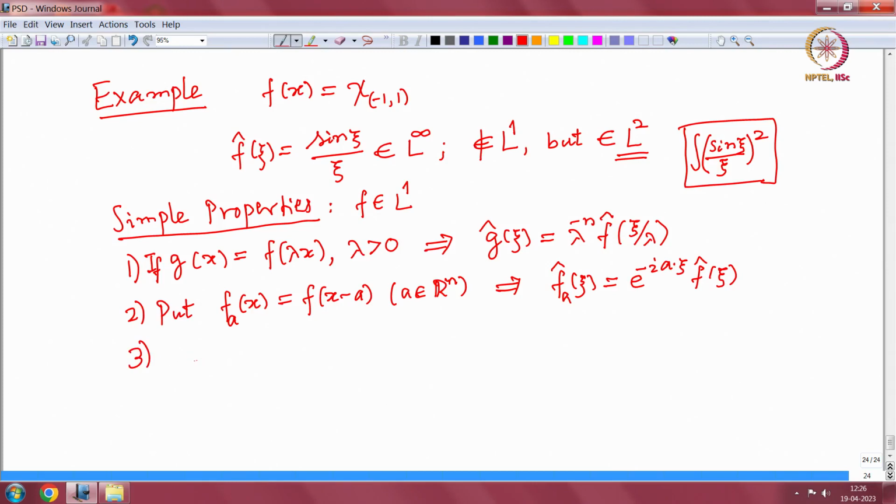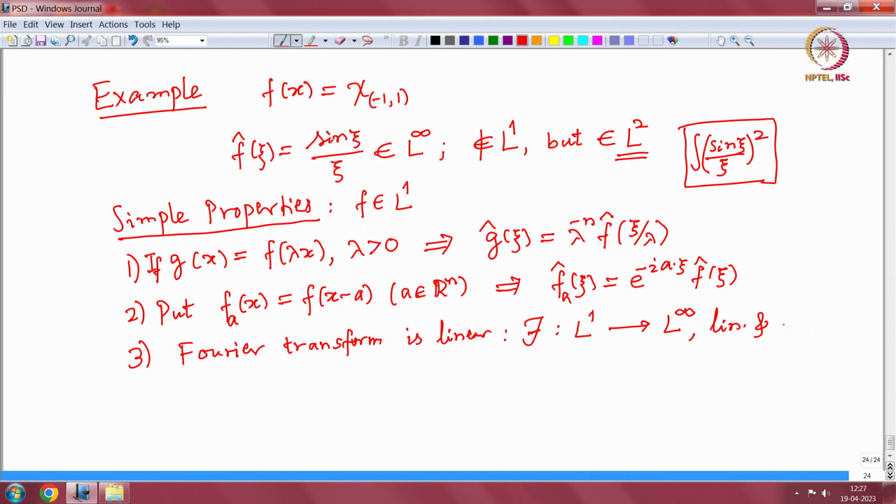The Fourier transform is a linear operator, that is because of the integration. Sometimes we write this as script F. As of now, it goes into L infinity, linear and continuous.